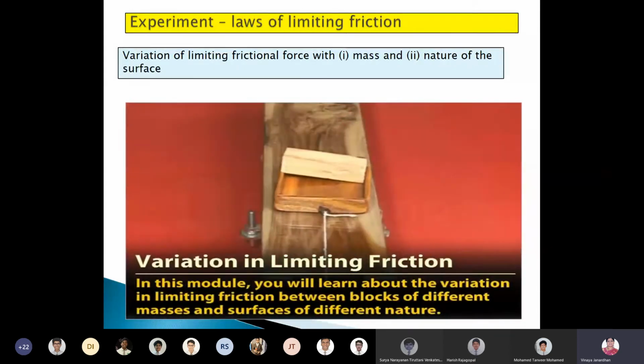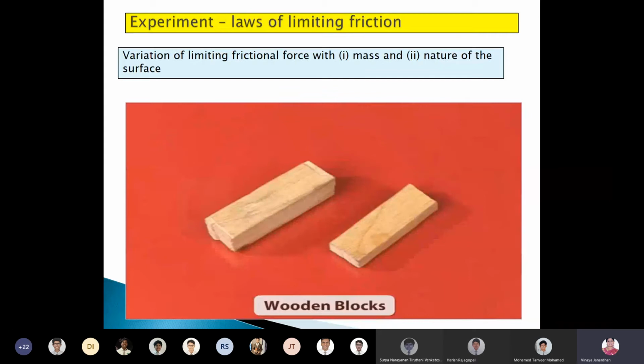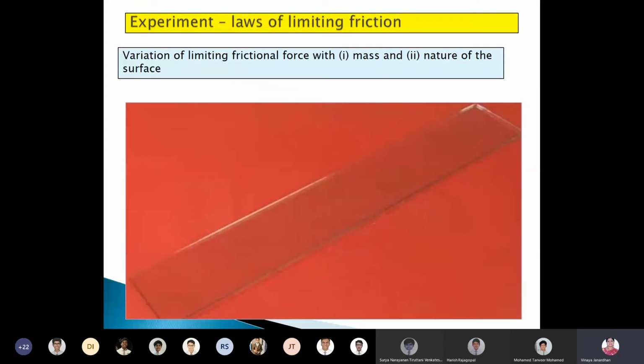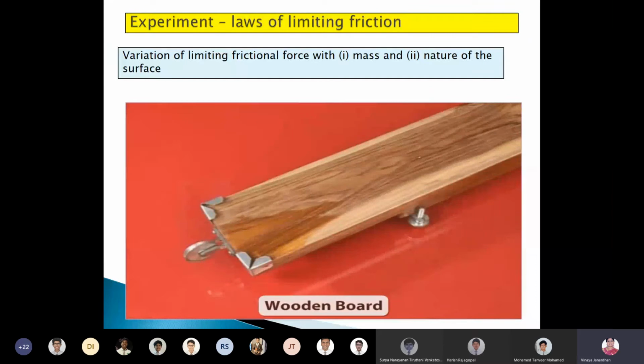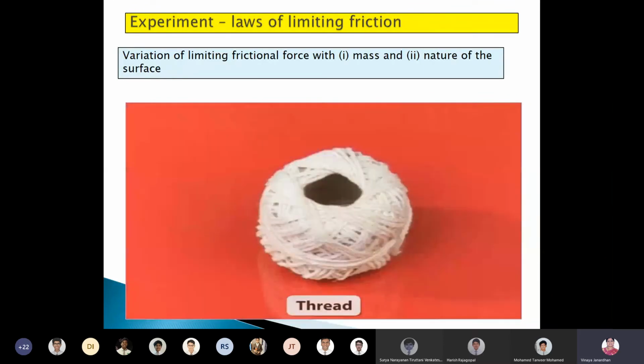So you're going to study how your frictional force is going to change with the mass of the body. Now, how do you measure your frictional force? You measure your frictional force by weighing the weights you're adding in your scale pan. You could have seen a scale pan over there. So you keep adding the weights.